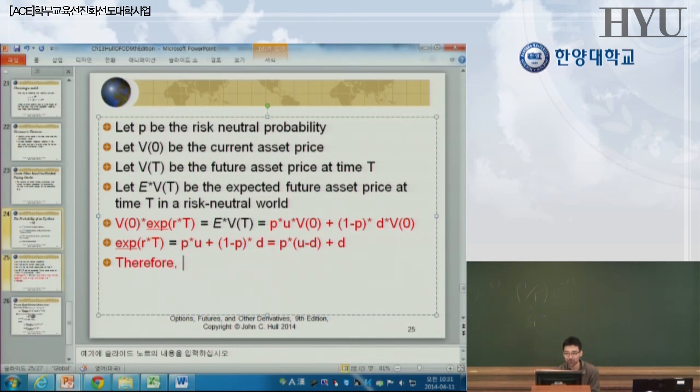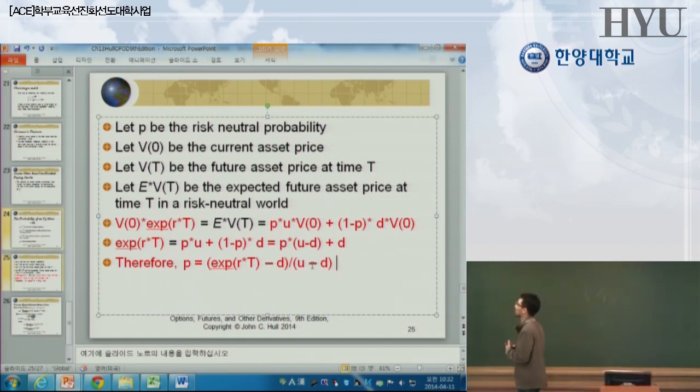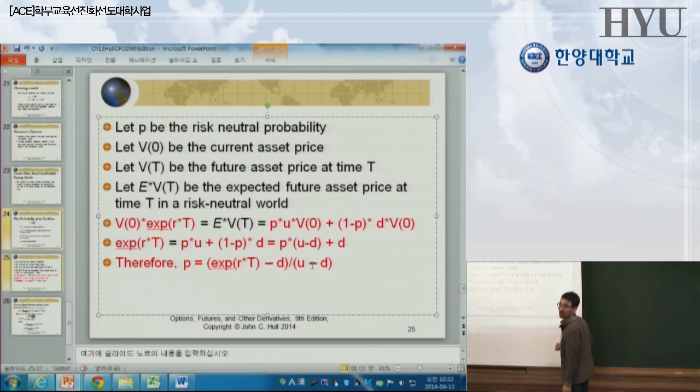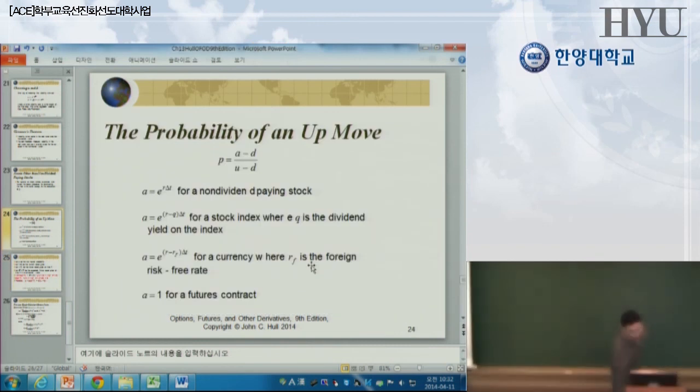Therefore, P equals e to the rT minus d over u minus d. This is the risk neutral probability. This is how we calculate the risk neutral probability, and we use it for valuation. So it is the same as this one.